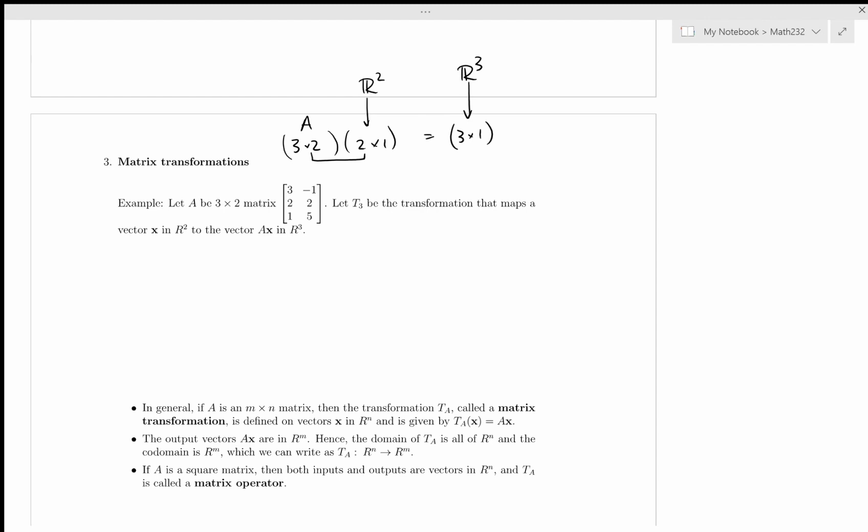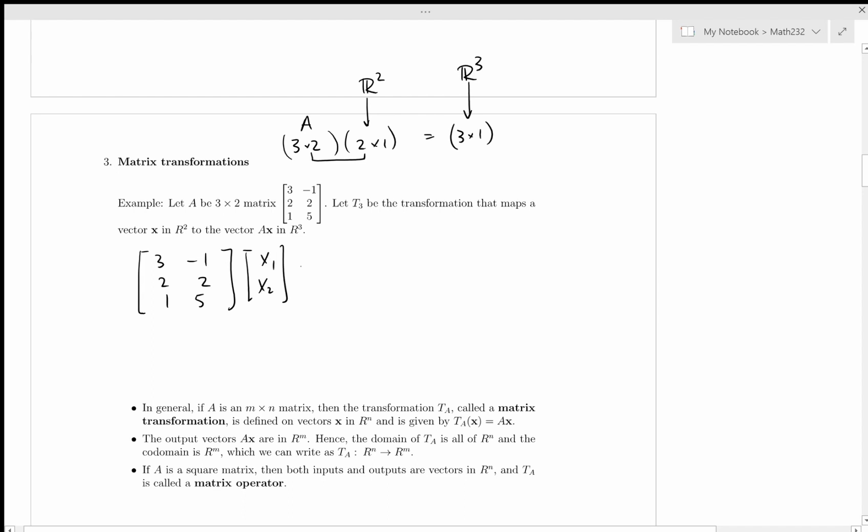So let's look at what that is. I'm going to take the matrix A, that is [3, -1; 2, 2; 1, 5], and I'll multiply it by a vector in R2, and then I get the output vector. It looks like this: (3x1 - x2, 2x1 + 2x2, x1 + 5x2). Okay, so what do we have here?